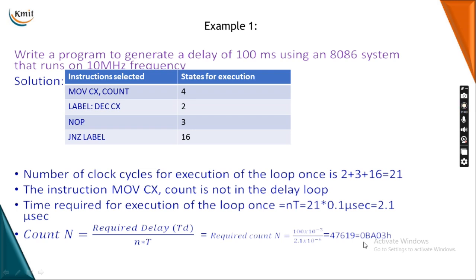In hexadecimal it will be 0BA03H. So this is the count of clock pulses required to generate a delay of 100 milliseconds that runs on 10 megahertz frequency. Clear or not?